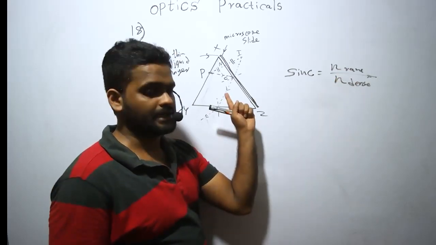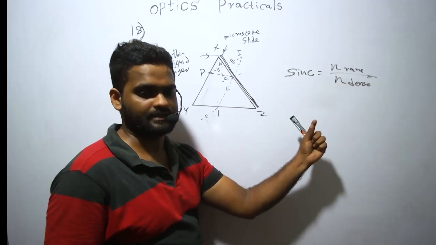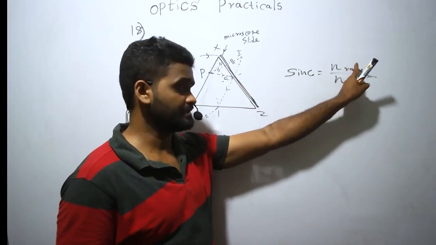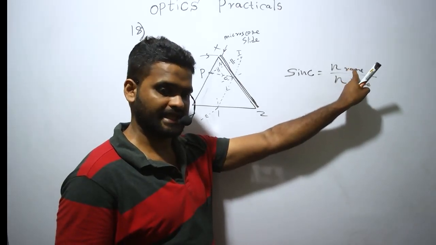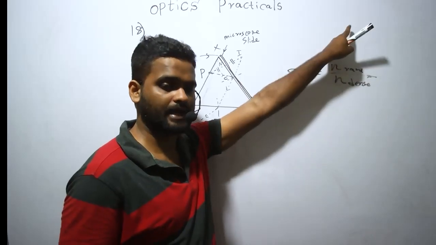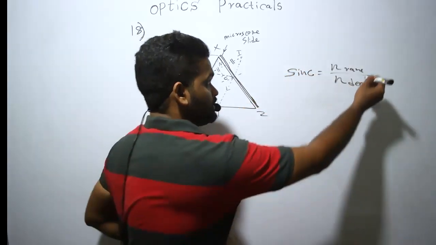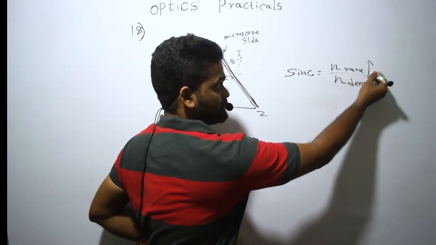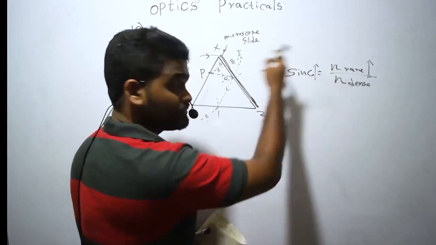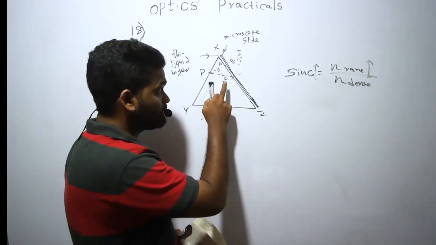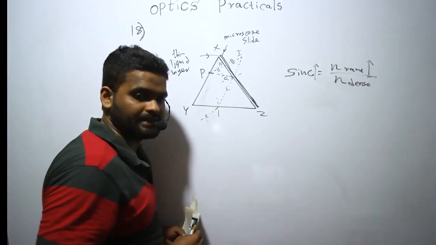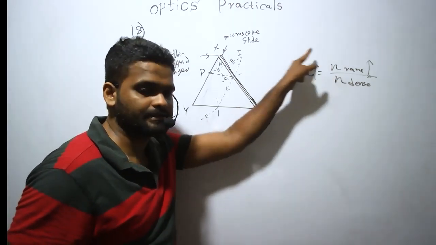Dense medium is the glass, right? It does not change in both cases. But for the previous case, this was 1, right? It was air. Now there's a liquid. Liquid has a higher refractive index than 1. So this is higher, and the critical angle should be a larger value compared to the previous one. Understand? When there's a liquid layer here, the critical angle increases.